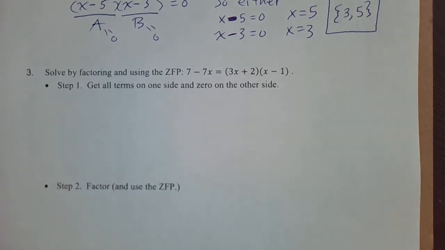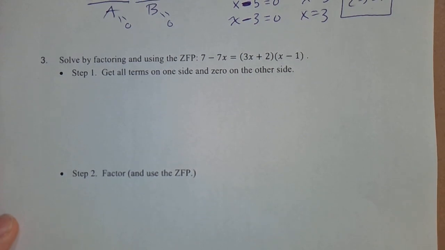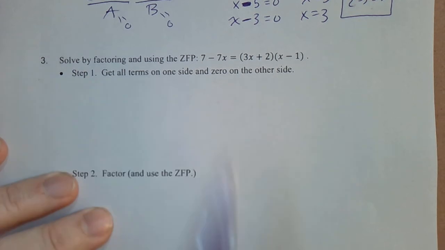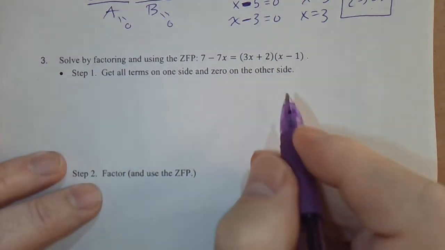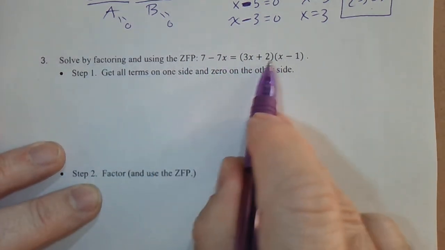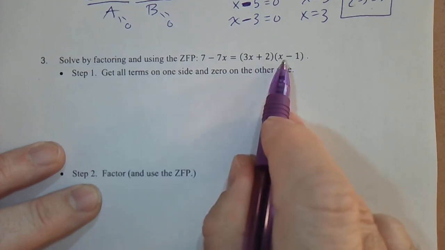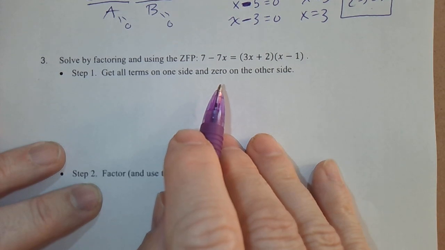All right, this next example just requires a little bit more arithmetic, if you will, or algebra. It says solve by factoring and using the zero factor property. So the first thing I'll do is multiply this out on the right, FOIL it out, and then combine like terms and get all the terms on one side and 0 on the other.